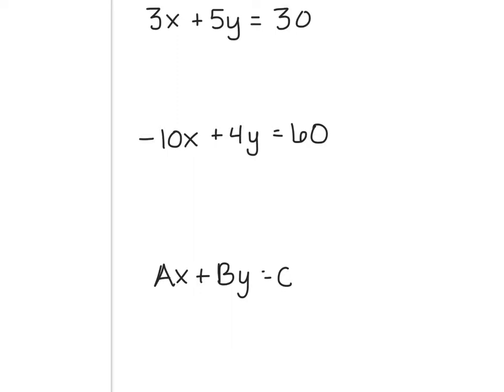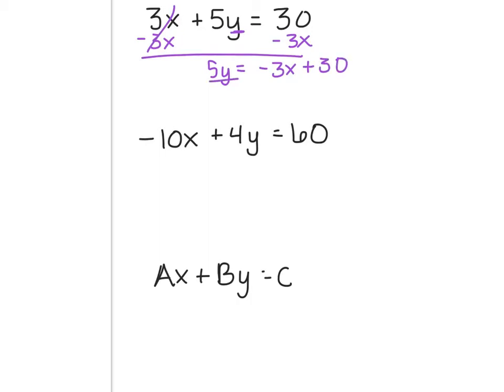I'm going to put these in slope-intercept form, and I'm trying to get you to see a pattern here. In slope-intercept form, I want y by itself. So the first thing I'm always going to do is subtract the 3x, or subtract whatever the x term is. So 5y equals, and over here on the right I'm going to write this as negative 3x plus 30.